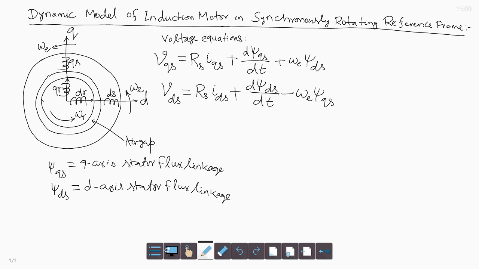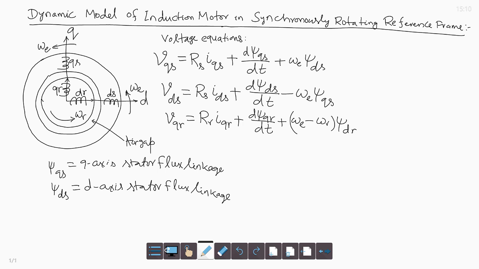Similarly, the voltage in the q axis rotor winding, Vqr, is the resistance drop Rr iqr, plus the transformer EMF, d psi qr by dt, for the same flux linking with the coil, and the rotational EMF, omega e minus omega r into psi dr. Because we are considering the q axis rotor winding qr, EMF will be induced due to psi dr, and the relative speed between the winding and the flux linkage is omega e minus omega r, because the reference frame is rotating at omega e and the rotor is rotating at speed omega r.